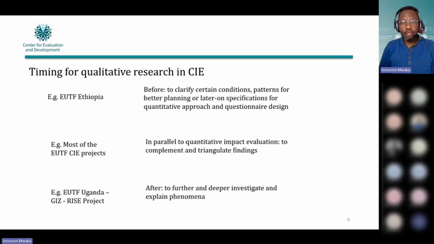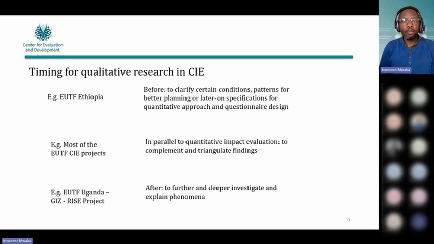One can be before the quantitative data collection starts, or the quantitative design is finalized. An example is the evaluation that we are doing in Ethiopia with Mexico. I'm not sure if some of the participants here are part of that project, but what we did was that there were certain contexts that we wanted to find out before implementing the quantitative data collection.